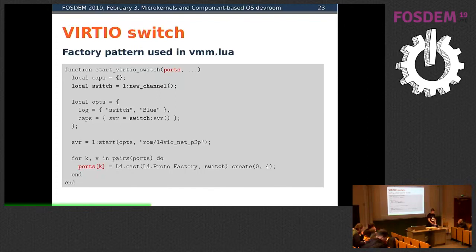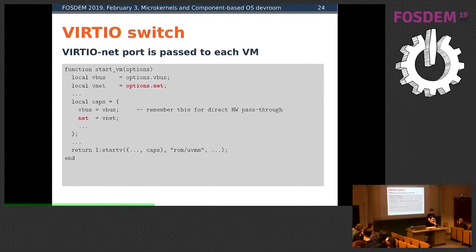At the same time, we will modify the ports table, which was passed to us as an argument, and we will use the switch capability to create new VirtIO net ports. The names of those capabilities will be the keys passed in the ports argument. Then this is how the start_vm Lua function looks.